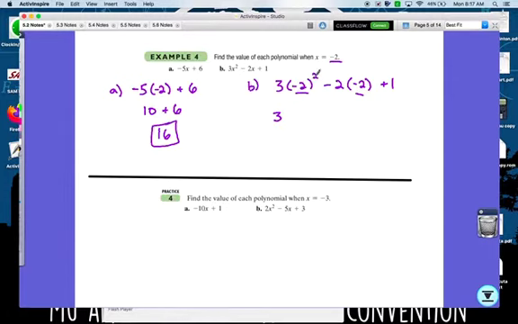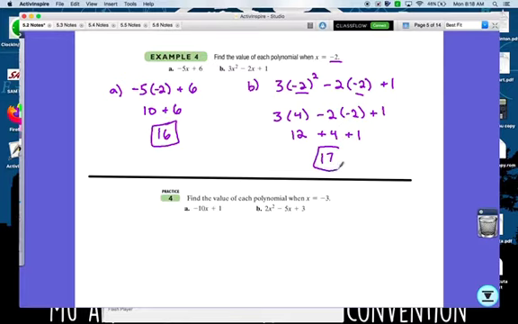So negative 2 squared, that's negative 2 times negative 2, so that turns into 4. I'll just write everything else out. Then I'll go through and do multiplication. 3 times 4 is 12. A minus 2 times negative 2 gives me plus 4. And then plus 1. Then addition, 12 plus 4 is 16, plus 1 is 17.